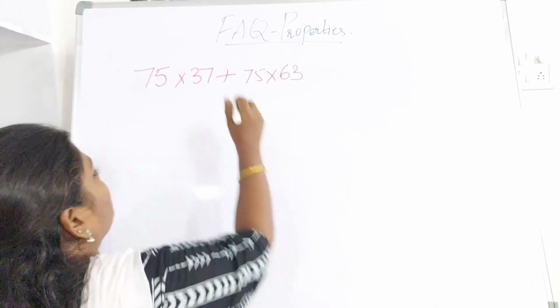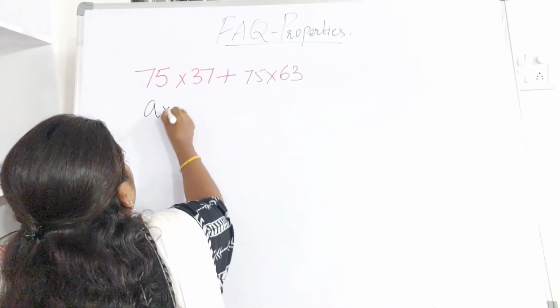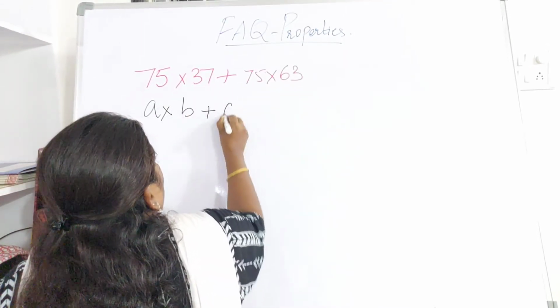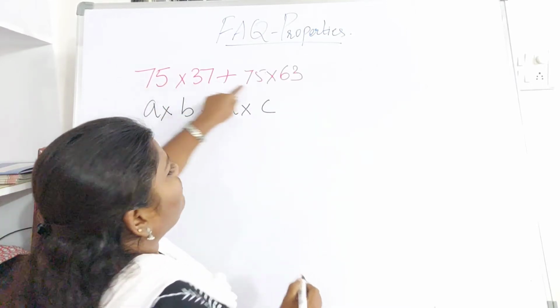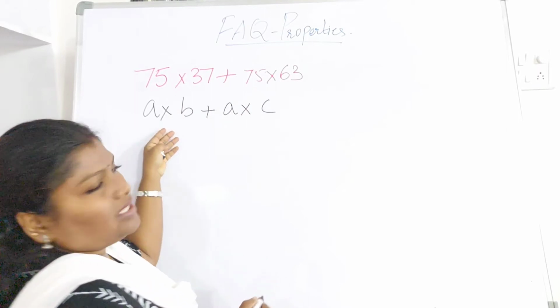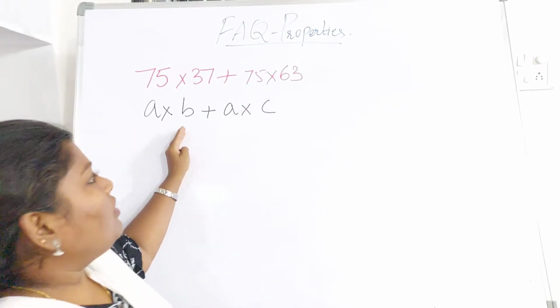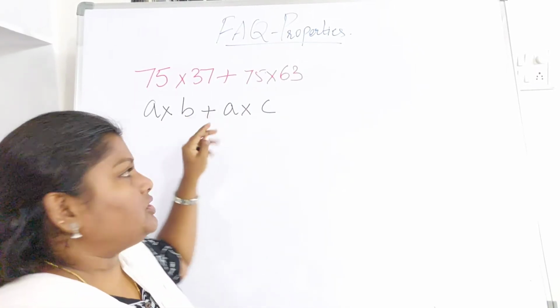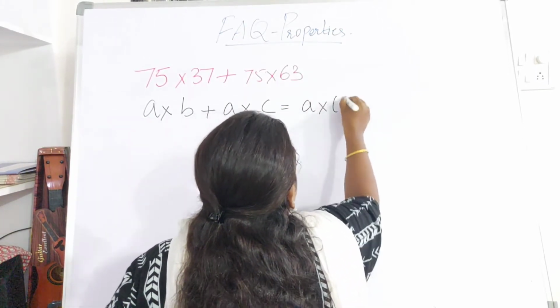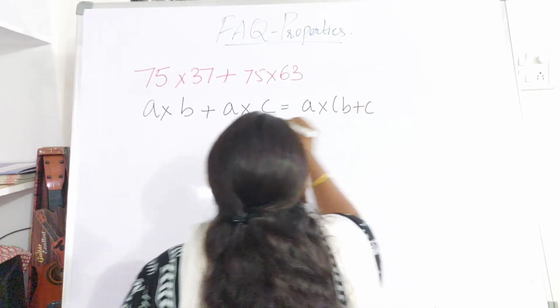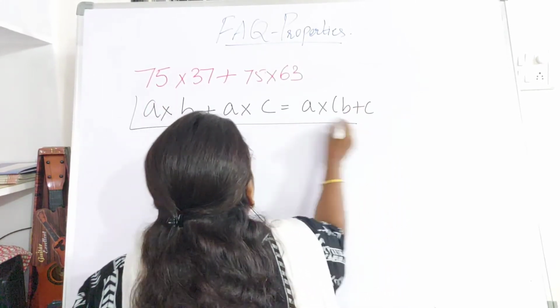So this is of the form A into B plus A into C. Why I have written A twice? Because this 75 is repeated. Now this is nothing but distributive property of multiplication over addition. So this is A into B plus C. Now this is distributive property.